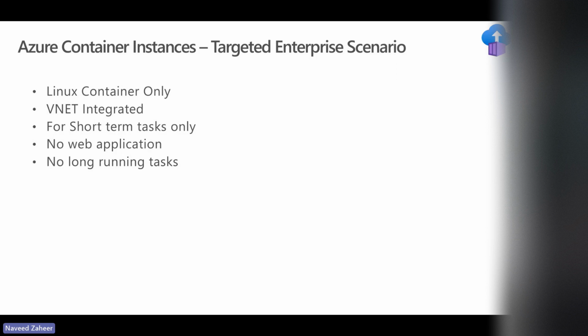Let's say you have a process that is running, and throughout the process you need to run a certain task that you cannot run inside a function, or you need a full-fledged environment to run it. For example, you want to process some files, move data from one storage account to the other, or move data from on-prem to a file share, and process that.